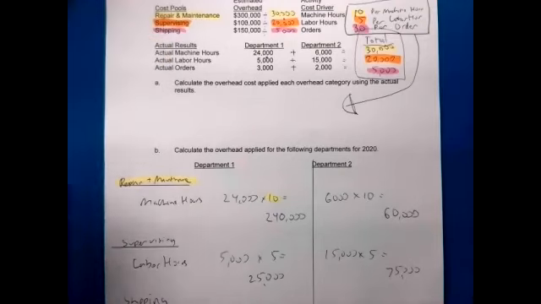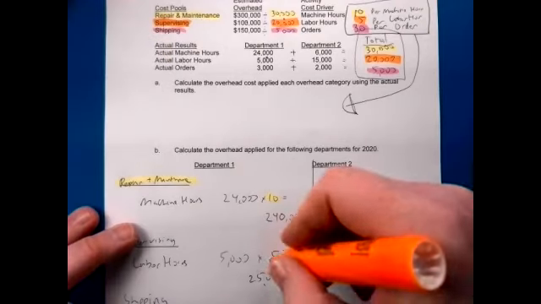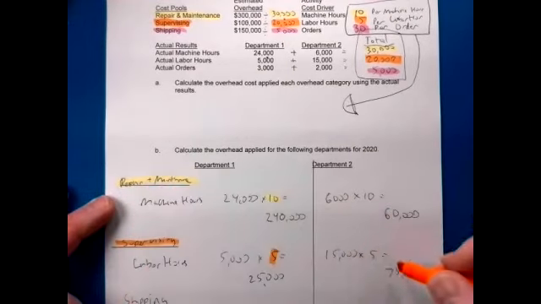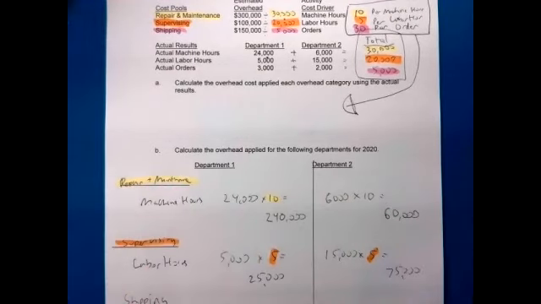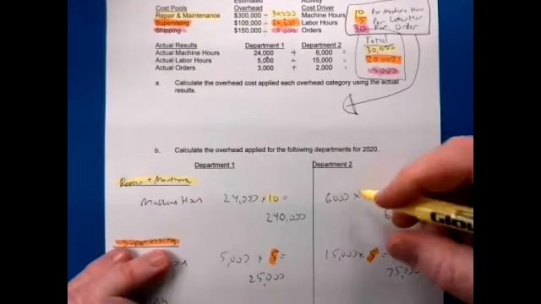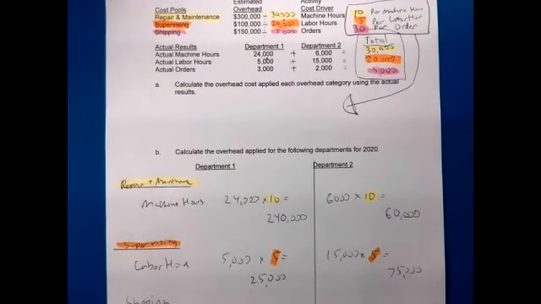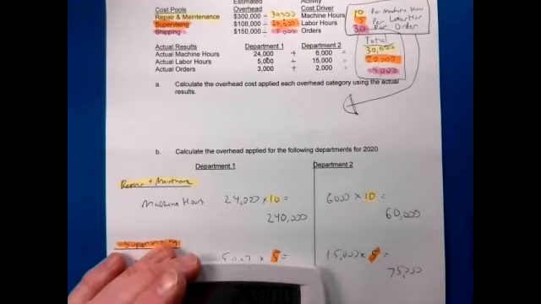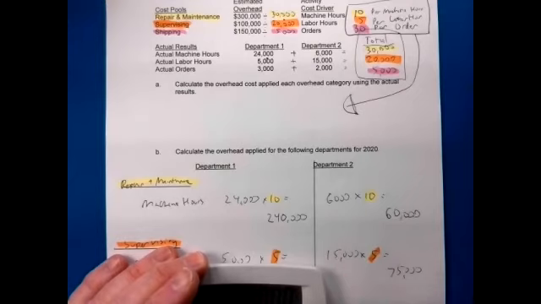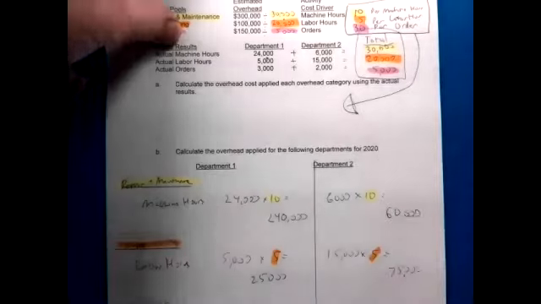I'll check those in a second, so make sure I'm not giving you guys the wrong numbers. A 1,000 is right. 75,000. Okay, those are okay.